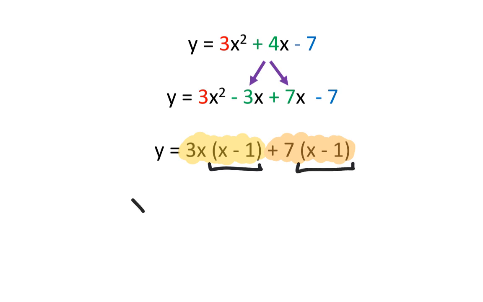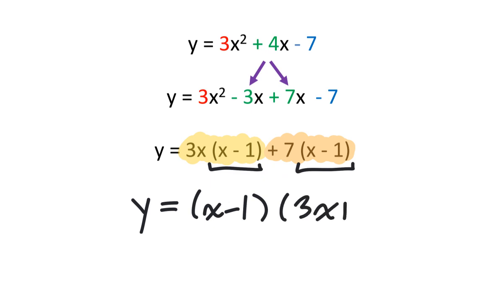So we're going to rewrite this y, nothing has happened to it, nothing has happened to the equal sign, and the x minus 1 in brackets, we're going to rewrite it over here. And then I'm going to take this leftover 3x and this leftover positive 7, and I'm going to put them in their own set of brackets. In conclusion, we've just converted standard form to factored form using decomposition.